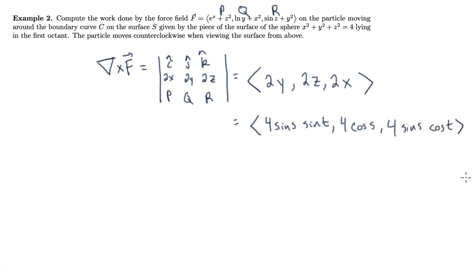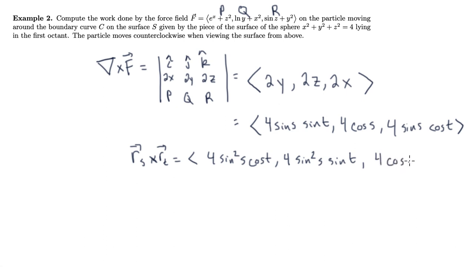And recall that what we had from rs cross rt was this, 4 sine squared s cosine t, then 4 sine squared s sine t, then 4 cosine s sine s.